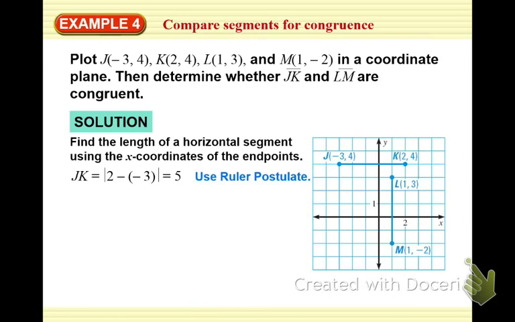So 2 minus a negative 3. 2 plus 3 is 5. Always absolute value. That's what those bars are. I didn't talk about this, but these guys are absolute value bars. Why are we using absolute value in the ruler postulate? Absolute value is always what?